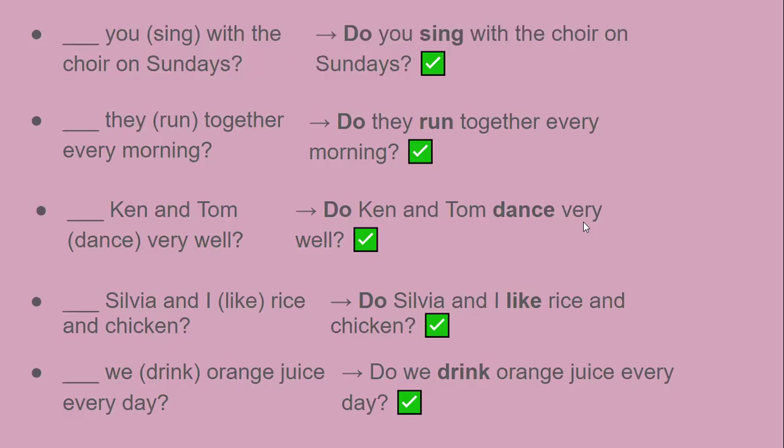By actual verbs, I'm talking about verbs like sing, run, dance, like, drink, jump, speak, sit, and so on. And then verbs to be are, for example, am, is, are, of course, those first three in the present. But we will look at those later on. Right now, we are still focusing on the verb sentences, simple present tense.